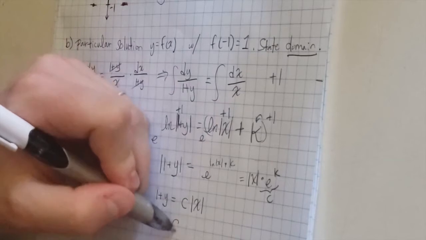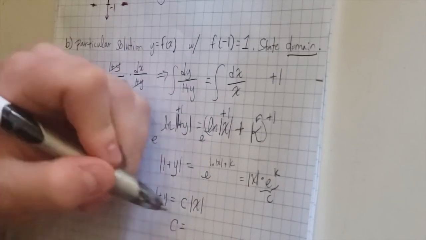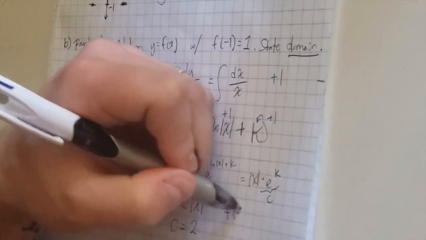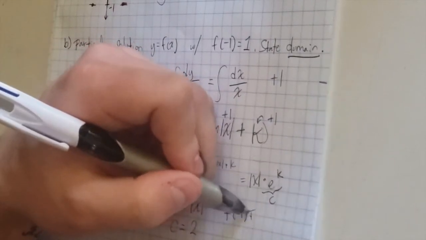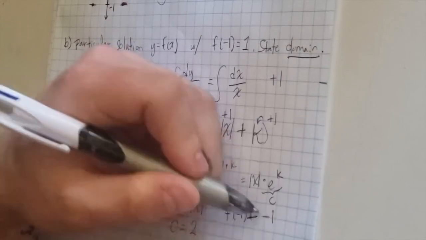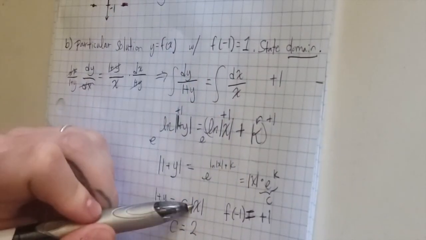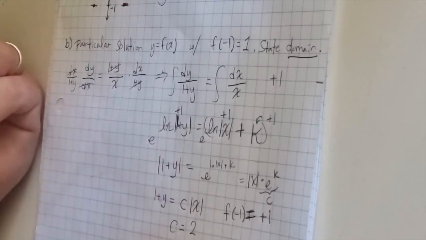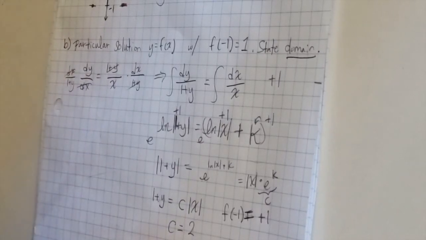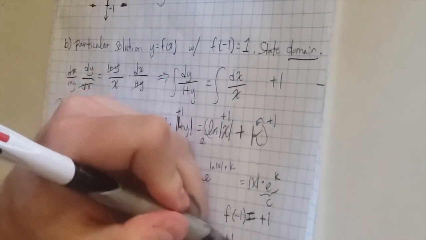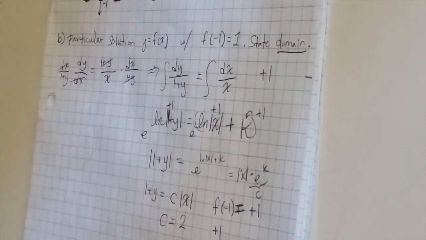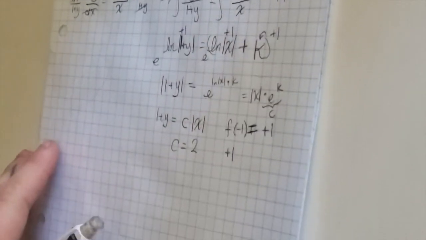Solve for c. C equals 2 because we have f of -1 equals 1. So I have 2 here, and then I have -1 here, c equals 2. All right, this is your initial condition, so we're using our initial condition here for that point. Can you still see what I'm writing? Yep, and I'm gonna scooch it up.